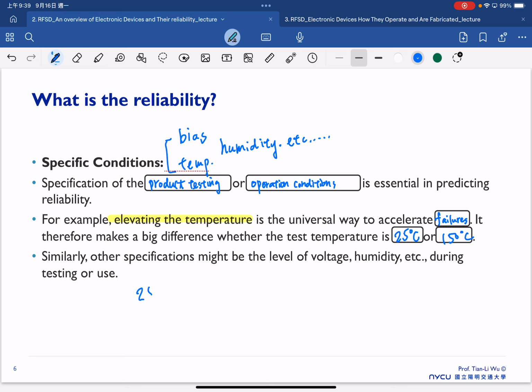So for example, let's say we stress and test the device at 25 Celsius degrees, and we give the bias, for example a gate voltage of 5 volts, and probably the device will only have degradation or completely fail after 5 years.